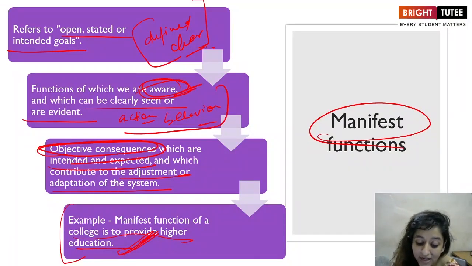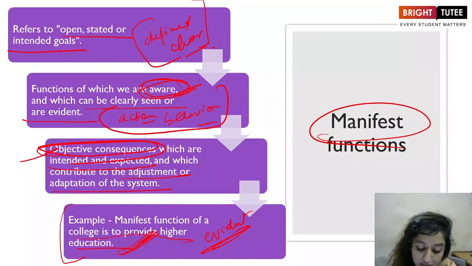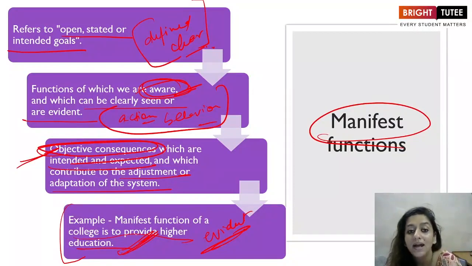You are aware, and it is very clear and evident in your actions while you are satisfying this function. It has objective consequences which are intended and expected, in a form that contributes to the adjustments of the system.